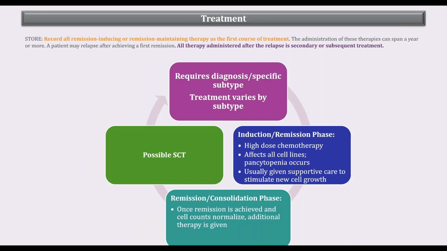And then they're usually given some kind of supportive care with that to help support new cell growth and production. There is a remission consolidation phase. So once the initial remission is achieved and cell counts normalize, additional maintenance therapy is given during that phase. And patients who qualify might also have a stem cell transplant.